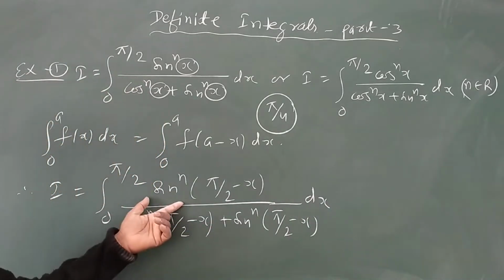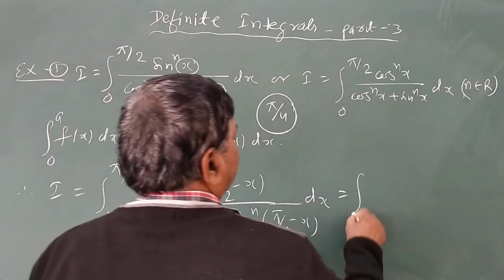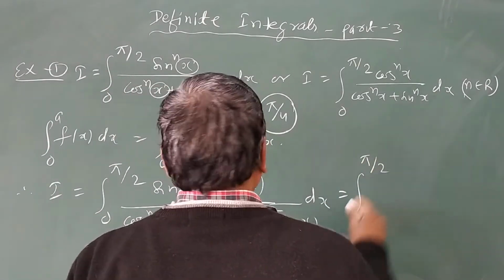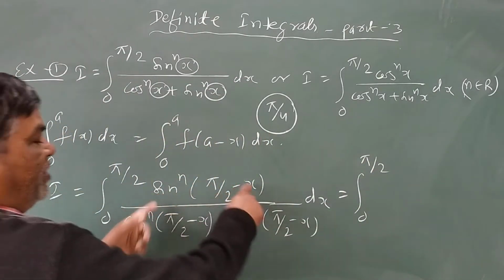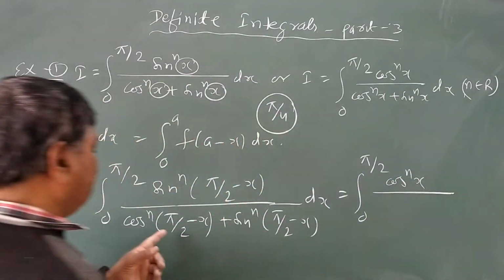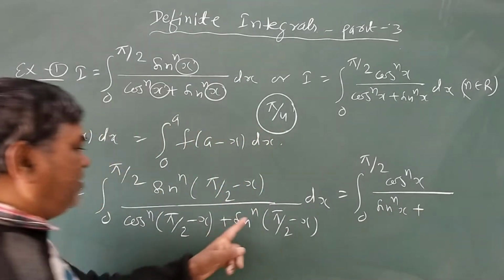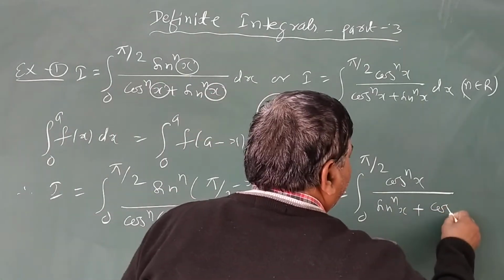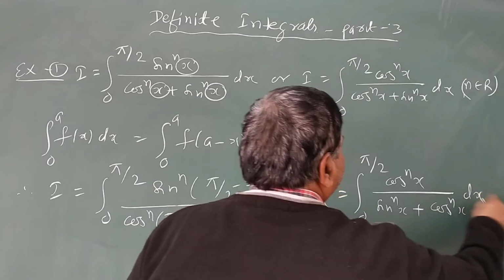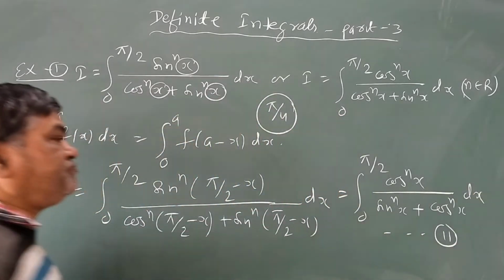Now, what is sin 90 minus theta or cos 90 minus theta? So, this is integral from 0 to pi by 2 of cos to the power nx upon sin to the power nx plus cos to the power nx dx. So, this is equation number 2.